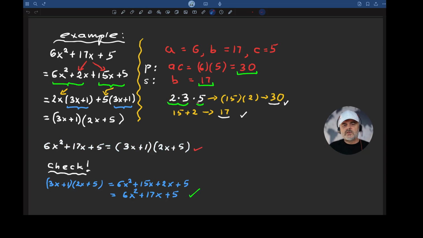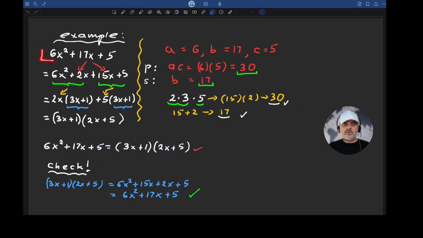If I were to do 2 and 3, which is 6, and then 5, so 6 plus 5 is 11, so the sum is not good for this application, and it has to be 17. Hopefully this makes sense. So 15 times 2 is 30, but 15 is 3 times 5, and the remaining factor is 2. So 15 plus 2 is 17.